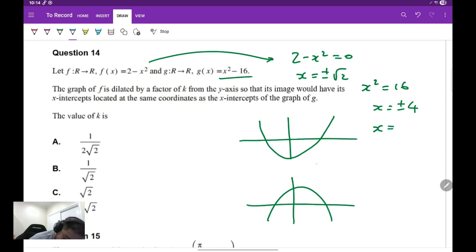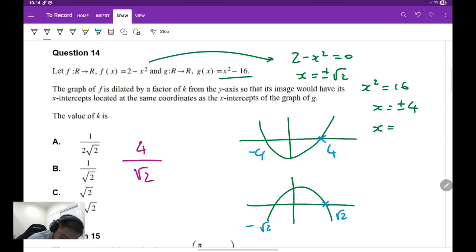So let's look at one instance. We want to turn root 2 into 4. And the other one will be negative root 2. We want to turn it to negative 4. But if we work out one, it will be the same for the other because of its symmetrical nature. So we can use scale factors for this. So where do we want to go, which is 4, divided by where did we start from?